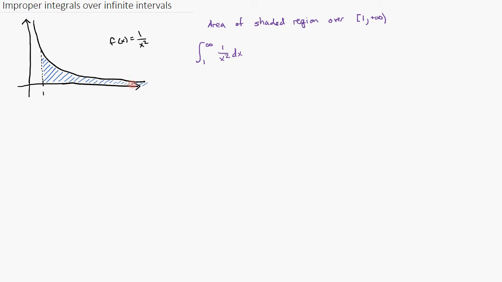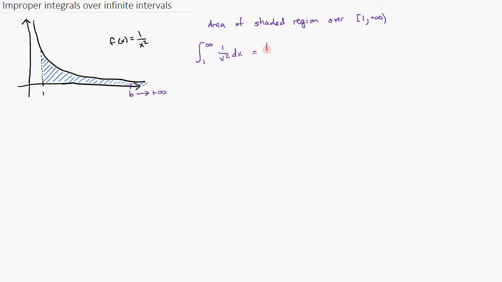The idea of trying to make sense of what this is supposed to be is the following. Suppose that instead of the infinite interval, I chop it up into a finite interval, from 1 to b. This is definitely going to be a finite area, and I'm going to keep moving b to the right until it goes to infinity. As I move b to the right, going to infinity, I'll cover this entire shaded region.